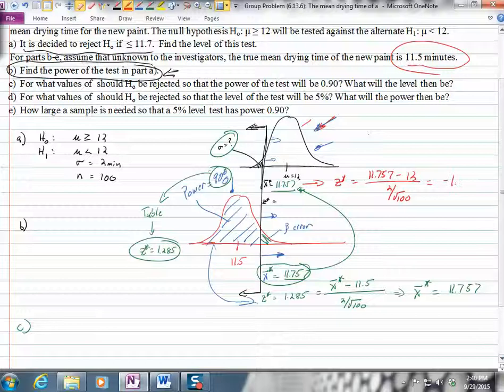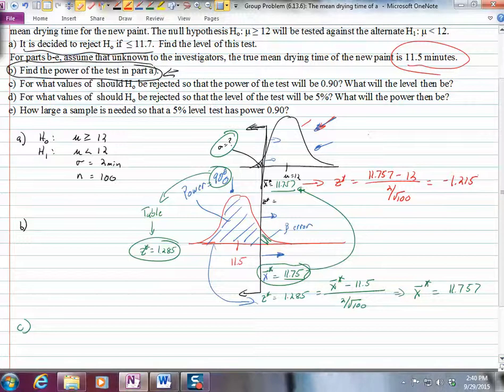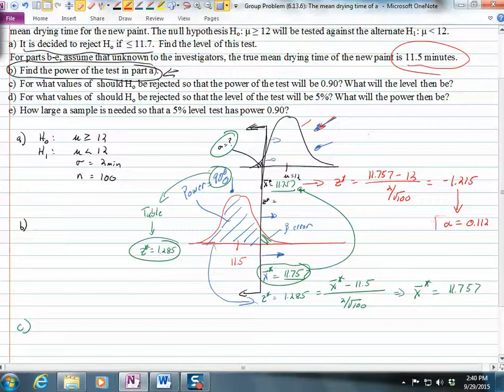I got minus 1.215. Anybody get that? Some people got that. And that corresponds to an area. You look it up in the table. I got an alpha of 0.112, so 11.2%.